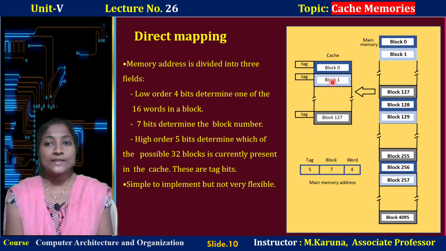Coming to the cache memory, it can accommodate 128 blocks, 0 to 127, with each block consisting of 16 words. So 128 times 16 is equal to 2K. Cache memory size is 2K, main memory size is 64K.